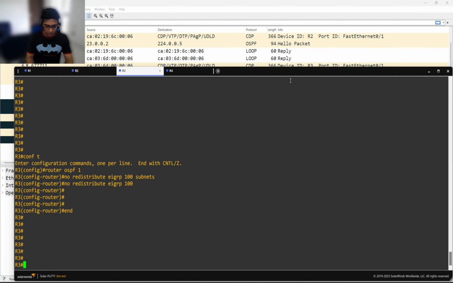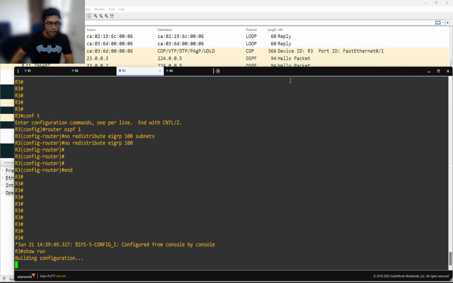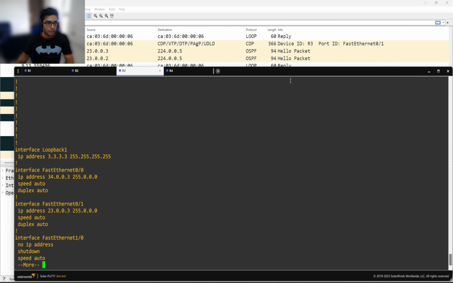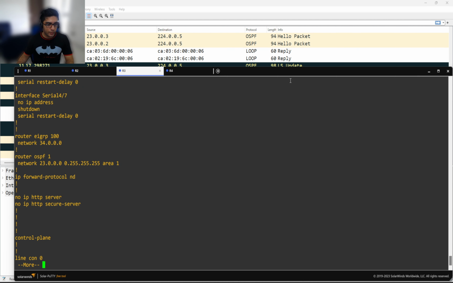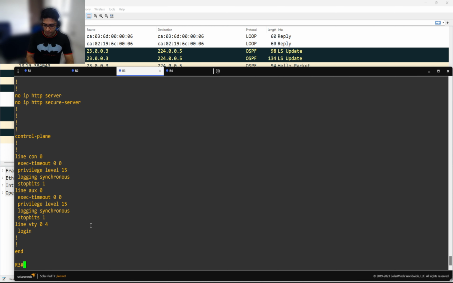So let me just confirm. To confirm, let me do a show run. On the show run under OSPF configuration, we should not see any redistribution command. So there is no redistribution.